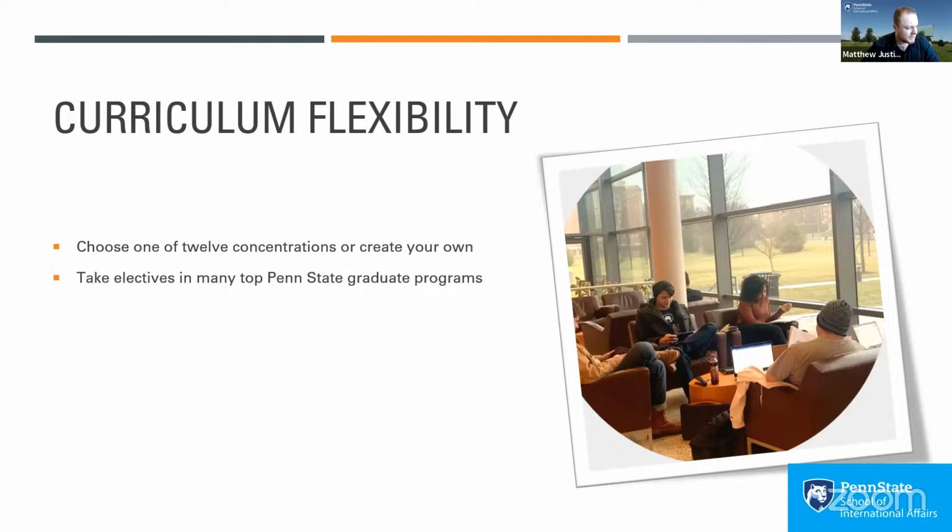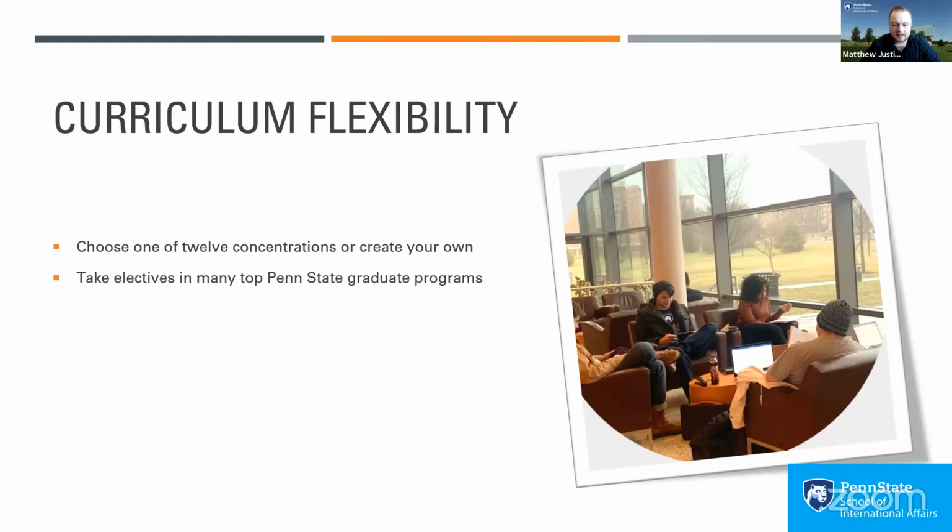Let's talk a little bit about our flexible curriculum. So first, students can choose one of 12 concentrations or completely create their own. And that is in line with the second bullet point here. In both cases, if you choose one of our 12 or you create your own, you can still take classes anywhere at Penn State University in any graduate department that offers classes related to your concentration.